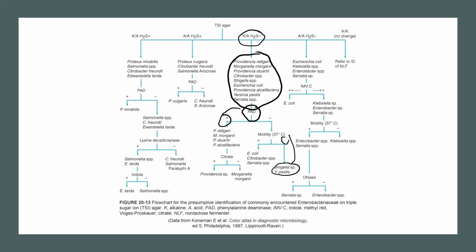It's the first test that you can essentially use to eliminate or include what your organism could possibly be. So you have PAD positive, as I mentioned before, Proteus, Morganella, and Providencia. If PAD is negative, then look at the motility. Motility negative will direct you towards 2 very special or pathogenic species, the Shigella species and Yersinia.